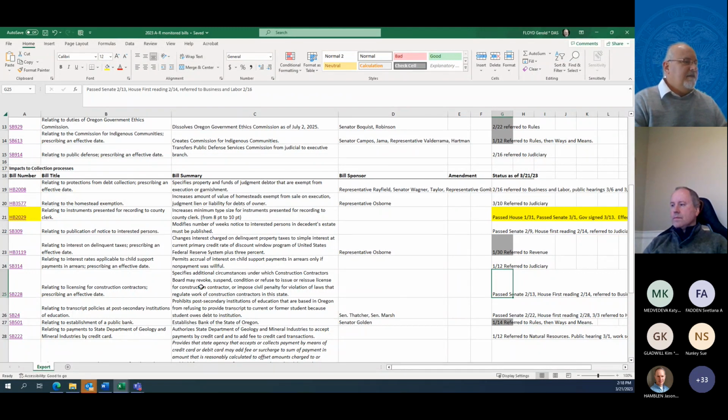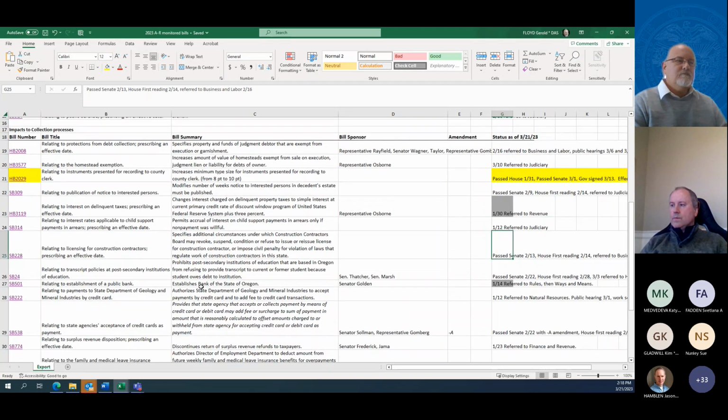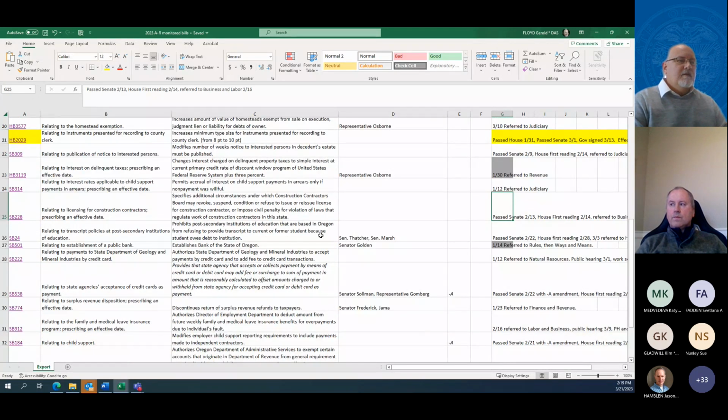And this impacts the Construction Contractors Board and then when they can revoke or suspend licenses. Senate Bill 24 has also passed the Senate. This has to do with where universities and community colleges and so forth cannot refuse a transcript because of a debt owed to the institution.